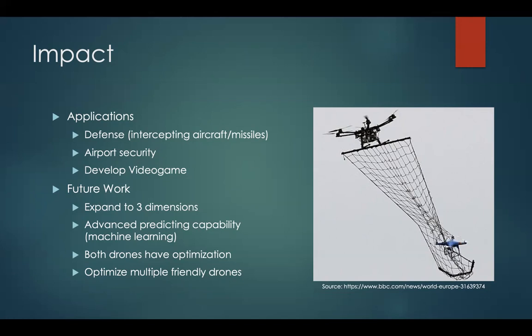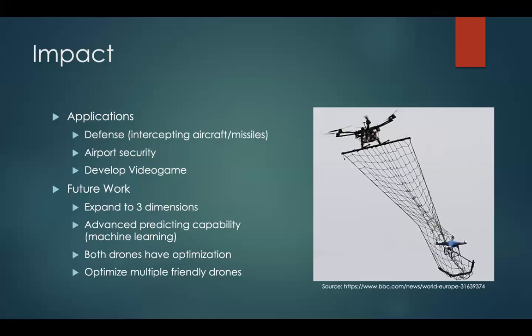As you saw, the friendly drone's path could be more straight. If it could predict the ultimate position of intercept better, it could theoretically just make a beeline straight to that point. And you could perhaps do that through an advanced algorithm or perhaps use machine learning to expand the friendly drone's capabilities.